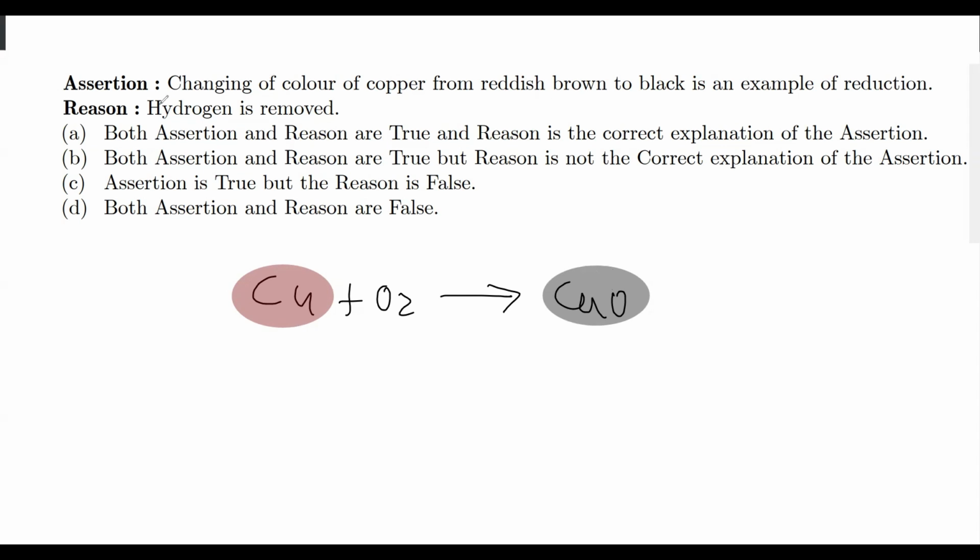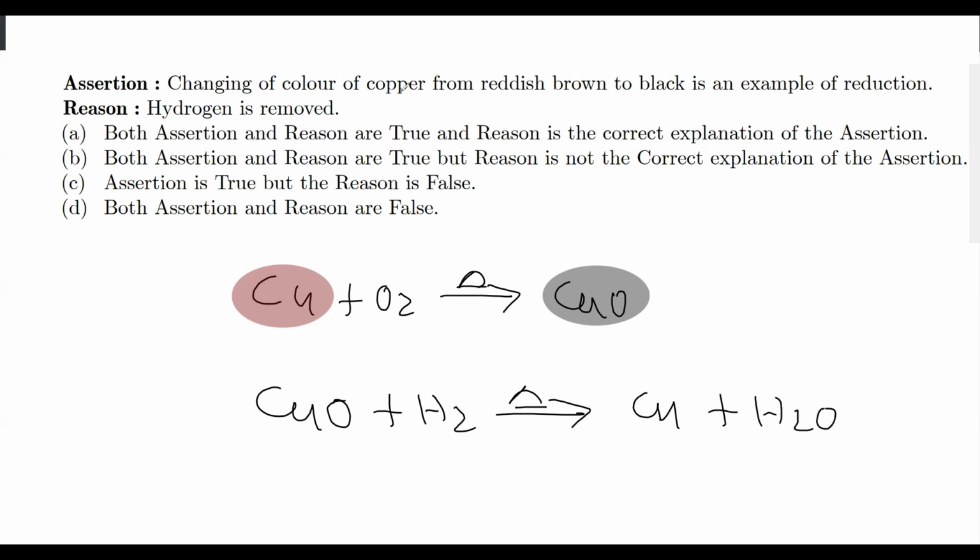Now, if I see the reason, it says hydrogen is removed. There is no hydrogen here, right? So we can figure out that here both are incorrect and there is an option I can see. Both assertion and reason are false. Well, let's explore it further. What we know, the reverse reaction of this also, when hydrogen gas is passed over hot copper oxide, right, along with the heat, then a reverse reaction takes place.